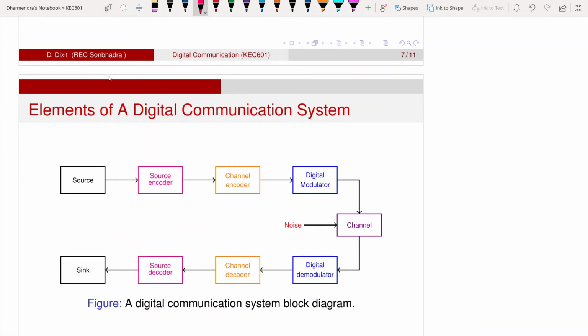Now I will briefly discuss the elements of a digital communication system. In a separate lecture, I will discuss it in detail. The elements of a digital communication system are shown in this block diagram. A digital communication system is a complex system.